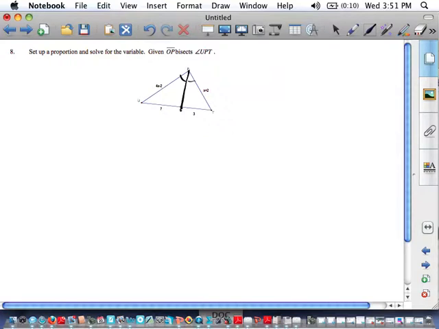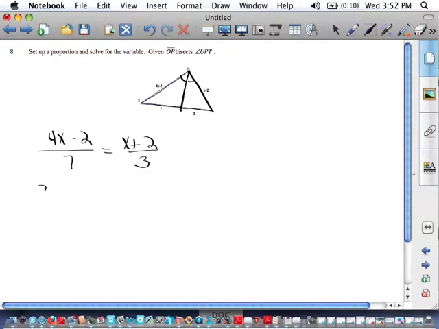So therefore, the leg UP, 4x minus 2, is to the segment 7 as the length PT, which is x plus 2, is to 3.